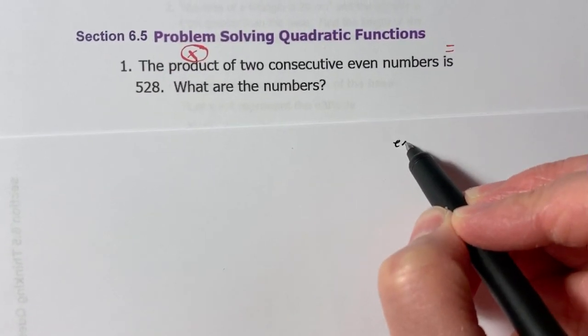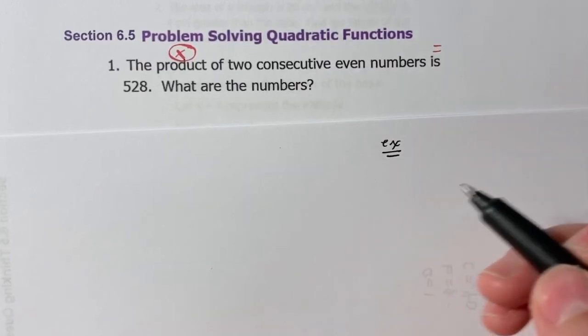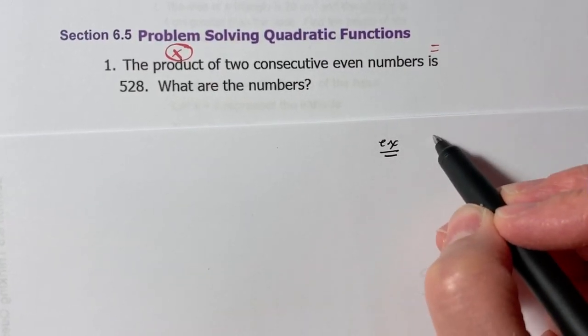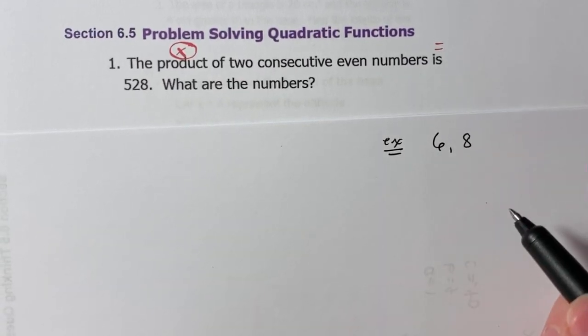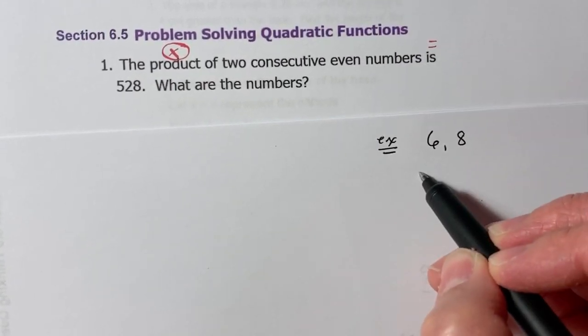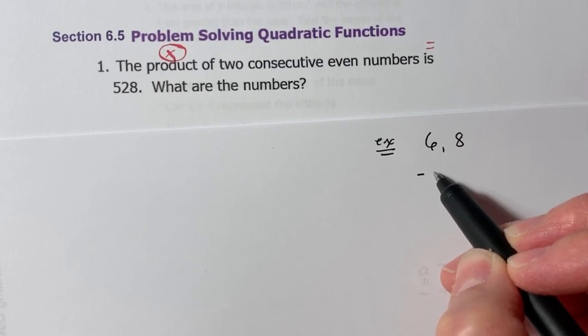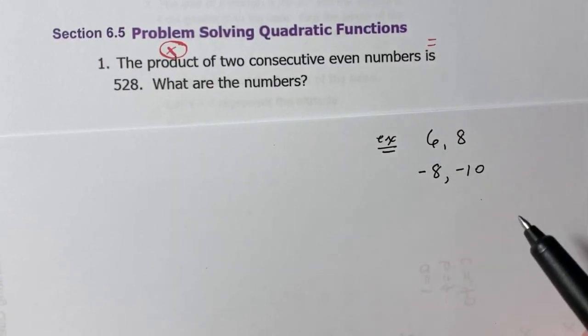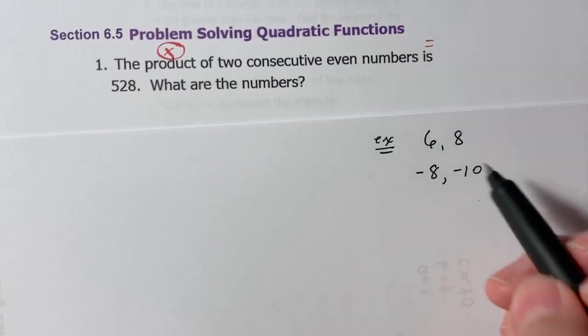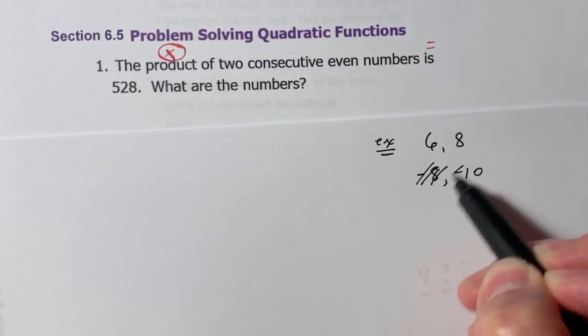So I'm just going to write an example. This isn't the answer, but this is an example. Something like 6 and 8. Those are consecutive and they're even. Something like negative, let's say, 8 and negative 10. Again, they're consecutive and they're even. So let's just look at this first set that I have.